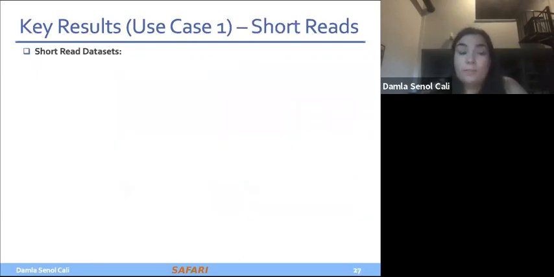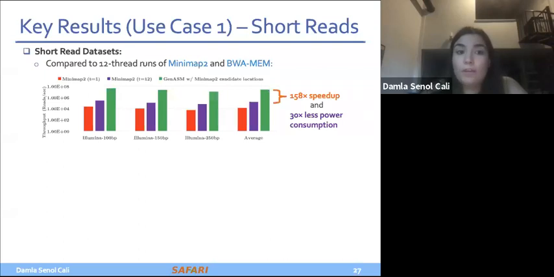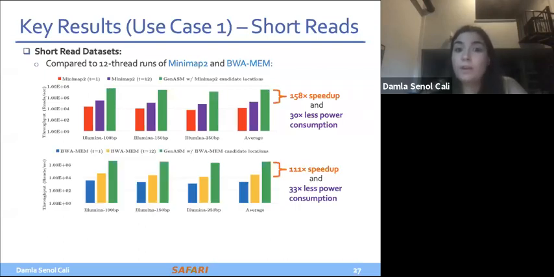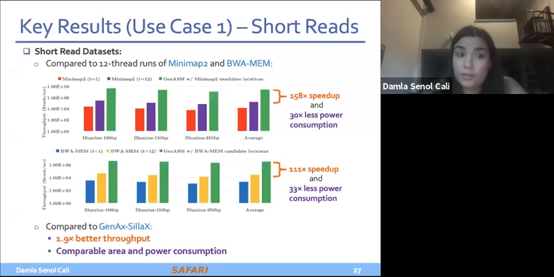Our trend is similar for short reads. Again, compared to Minimap2 and BWA-MEM, we observe significant speedup and power efficiency. Compared to the state-of-the-art short read hardware alignment accelerator, Scrooge of GenStore, we observe 1.9x better throughput, and GenASM and Scrooge have comparable area and power consumption.